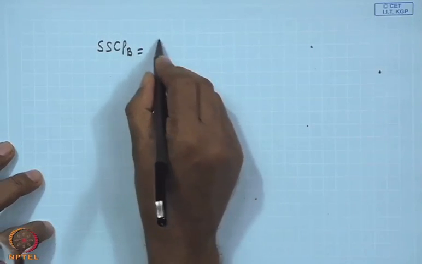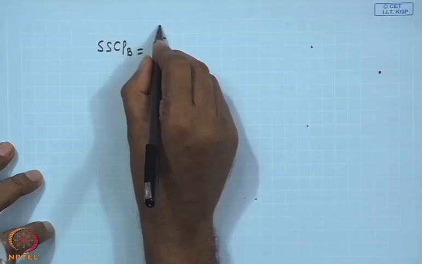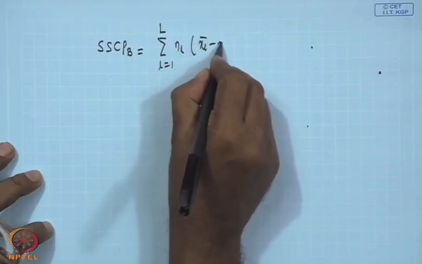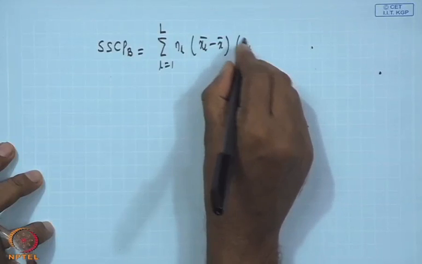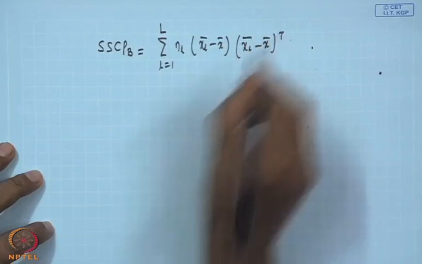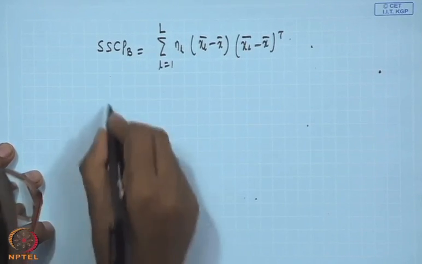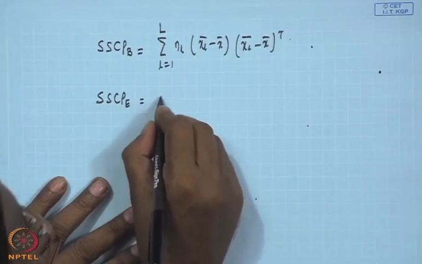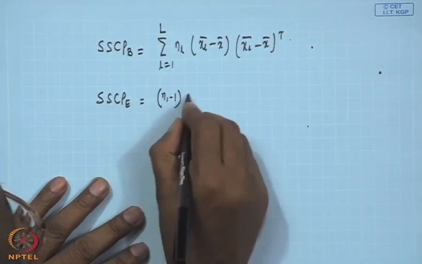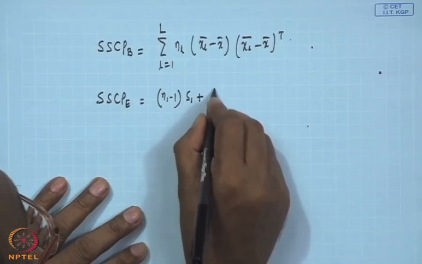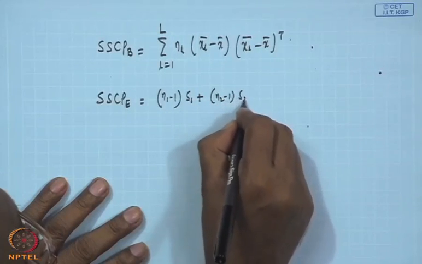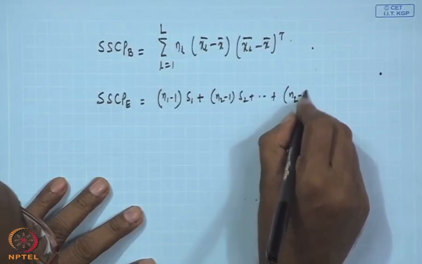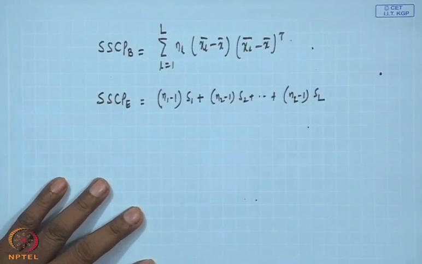SSCPB computation will be like this: the sum over L equal to 1 to L of n L times XL bar minus X bar and XL bar minus X bar transpose, correct. Then for SSCPE there is a formula, which is N1 minus 1 S1 plus N2 minus 1 S2, like this up to NL minus 1 SL.